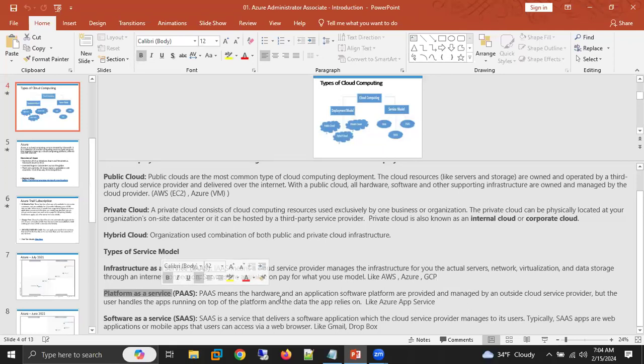In platform as a service, we just need to upload our code and select the size of the infrastructure which we require. Like I need 1 GB of RAM or 1 GB of hard disk. These types of things we can select there. And whatever infrastructure needs to be built is completely taken care of by the cloud platform.